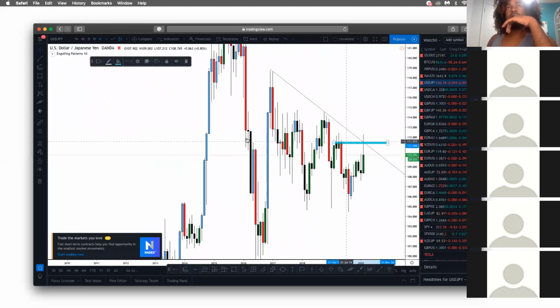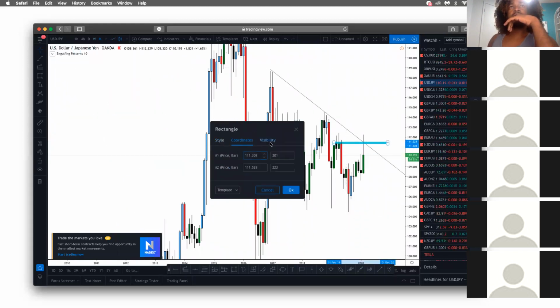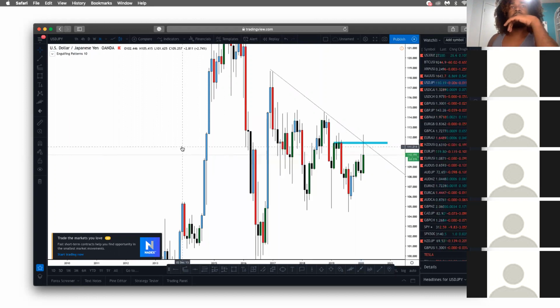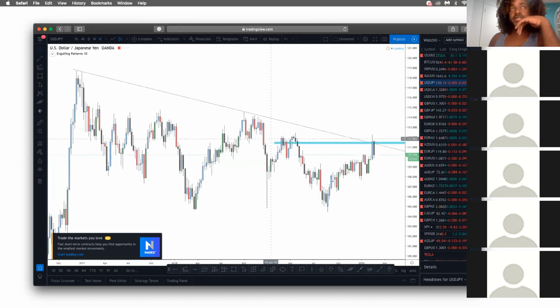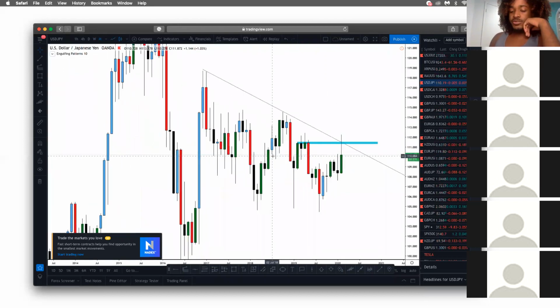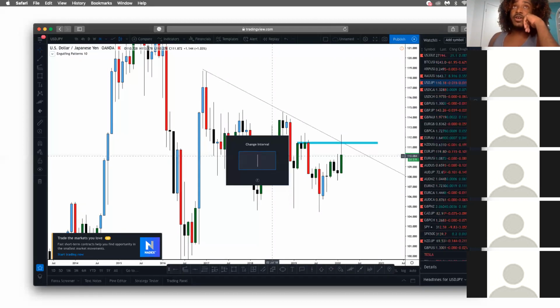Now I'm going to add this to the weekly. There you can see it, right? Now, a quick way to switch time frames if you don't want to always be using a mouse, just tap on comma. When you tap on comma, a change interval option will pop up.